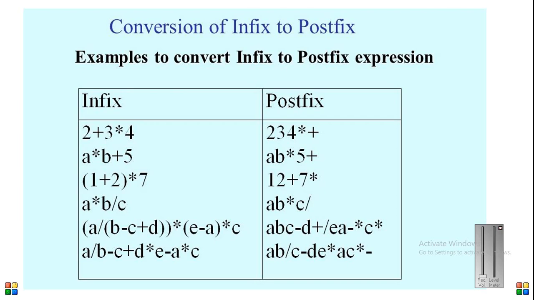Okay, so let us take a few examples now. We have 2 plus 3 into 4. Now remember, this expression has two operators, right? And what is the order of precedence?